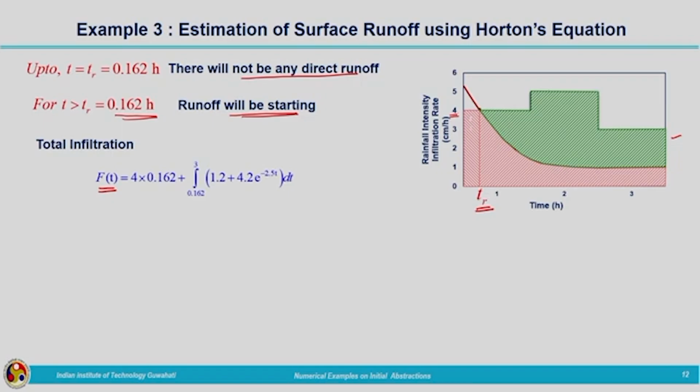So, we can understand that this much area, that is 4 into 0.162, is completely lost as abstraction. And from time t equal to 0.162 to 3 hours, that is till the end of rainfall, cumulative infiltration can be calculated by integrating the infiltration rate. That is what we are doing.